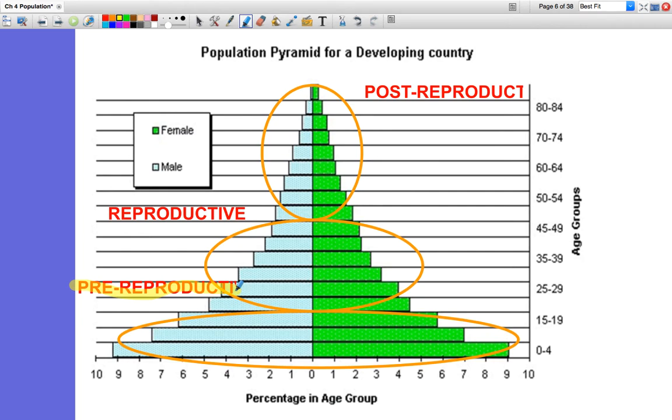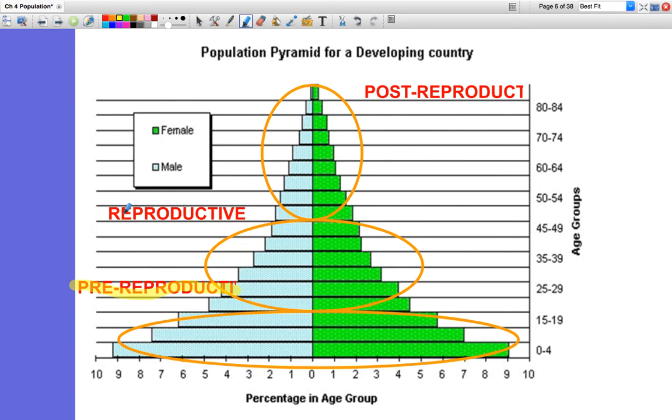Those are individuals ages 0 to 4 up to about the age of 19. Those are individuals in the population who are not reproducing.